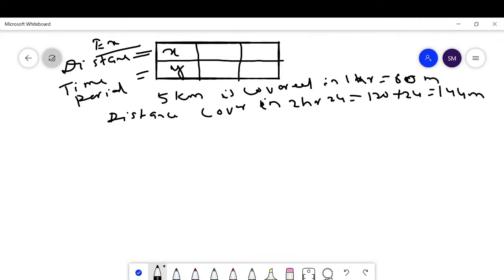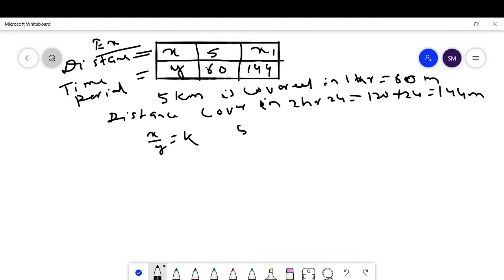In 60 minutes he covered 5 km. When y is 60, then x is 5 km. Then when y is 144, we have to find x1. This is direct variation. Then we use the formula x upon y is equal to k constant.